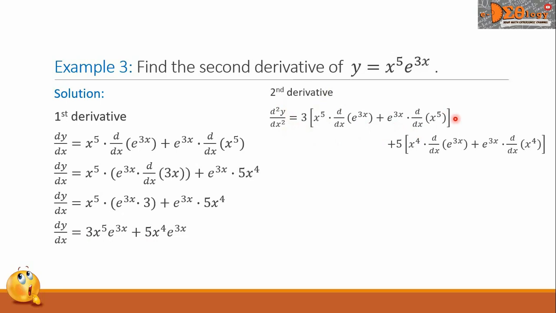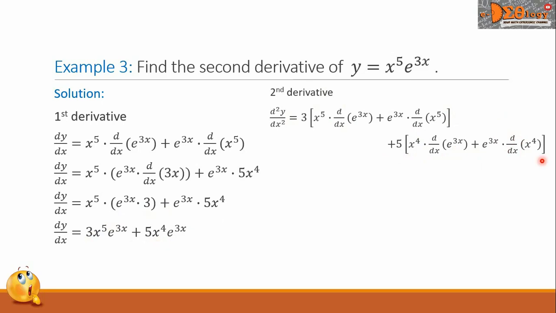So this is for the first group here, plus the derivative of this. So we write here the constant 5 outside, and then x raised to 4 times derivative of e raised to 3x plus e raised to 3x times derivative of x raised to 4.